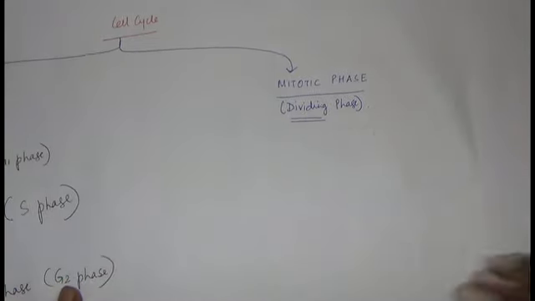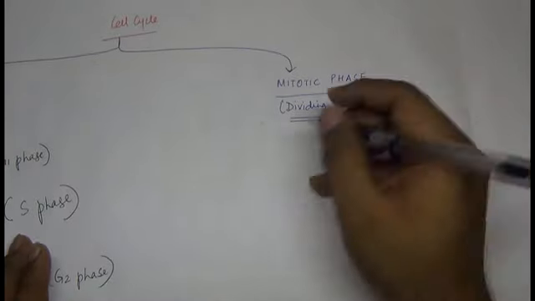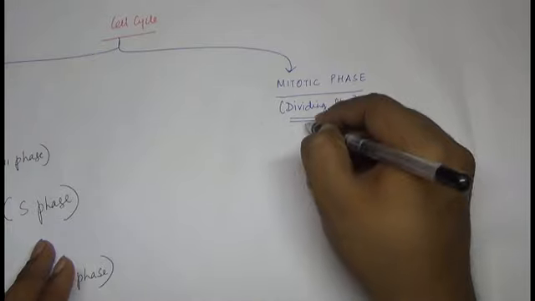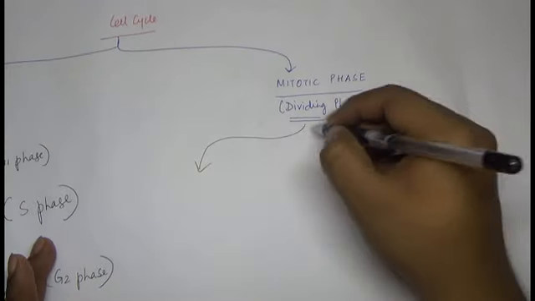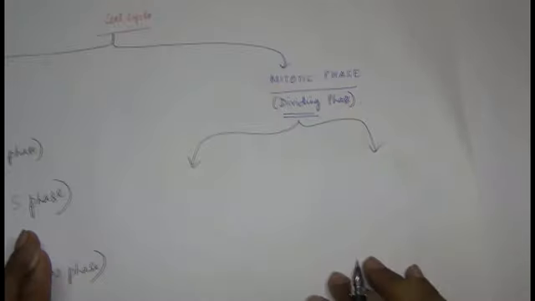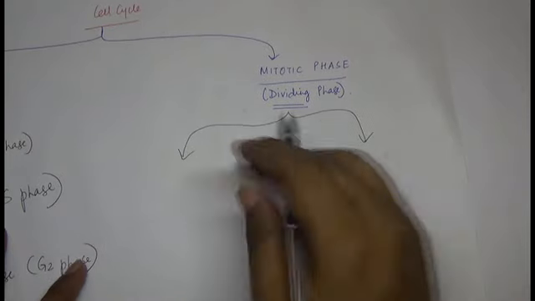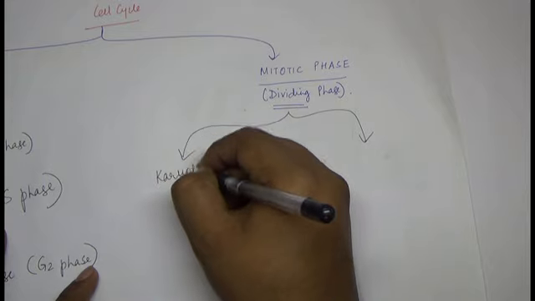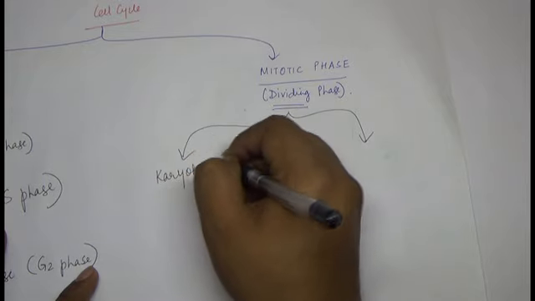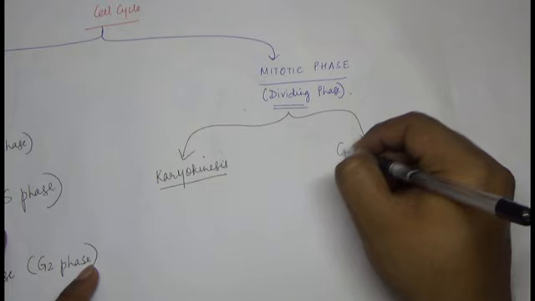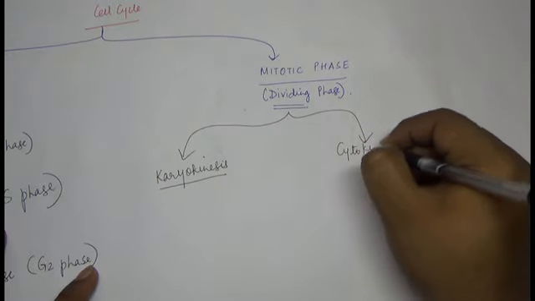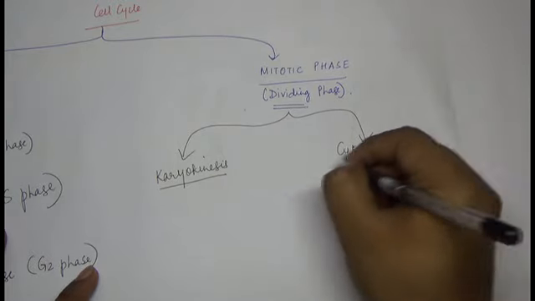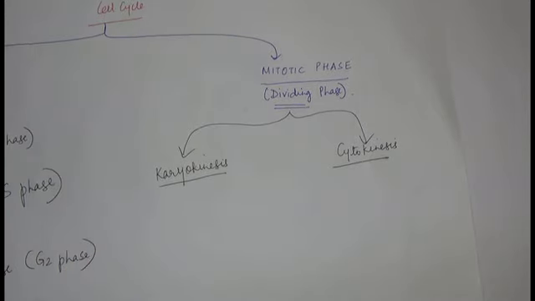Coming to mitotic phase. What happens during mitotic phase? The mitotic phase is again divided into two. What are they? They are karyokinesis and cytokinesis.